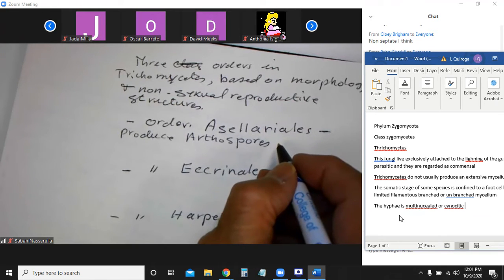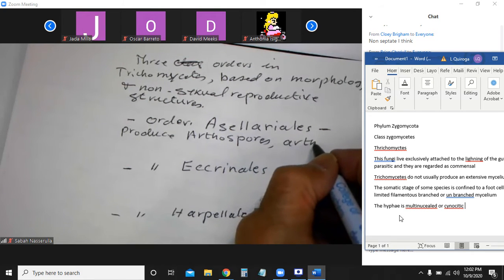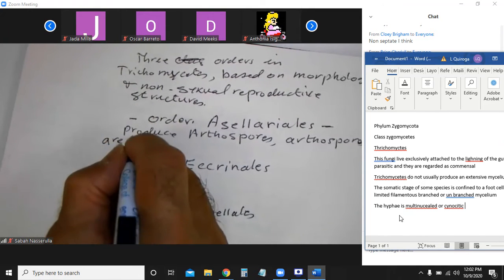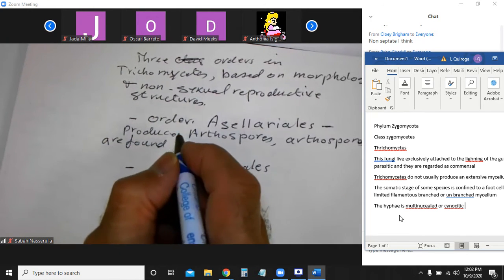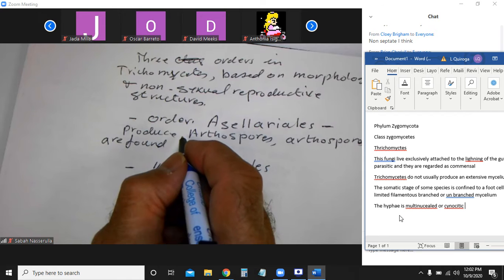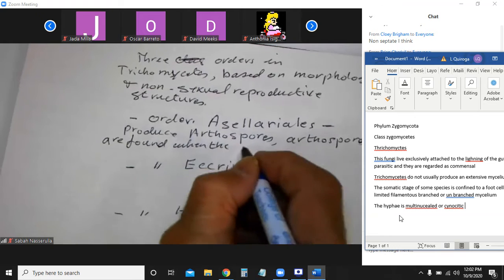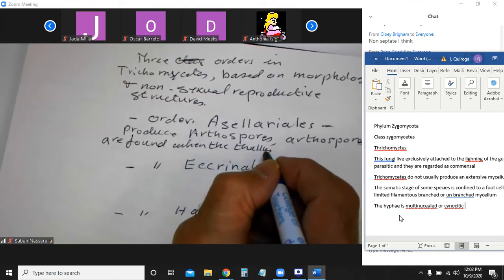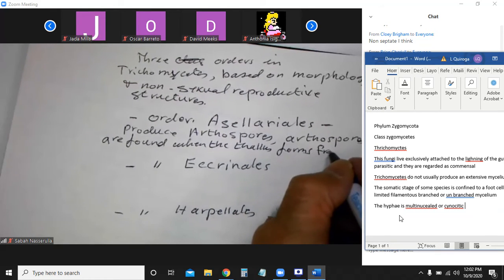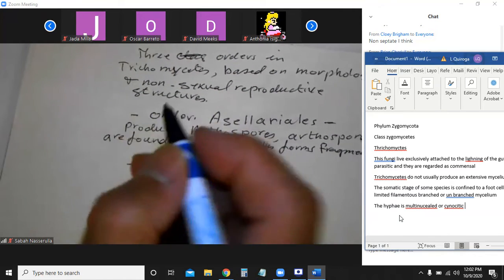They produce arthrospores. And as I mentioned, arthrospores are found when the thallus forms fragments into spore-like segments.